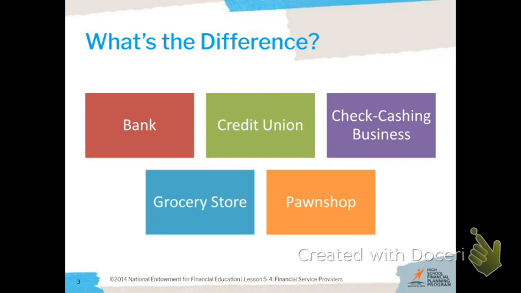Credit unions are owned by their members, and so oftentimes credit unions are going to be cheaper as far as their fees, or if you are paying interest to them, you may be able to get a lower interest rate. So bank and credit union, very similar. Your deposits are also insured up to $250,000 at a credit union by a different agency, but they are still insured.